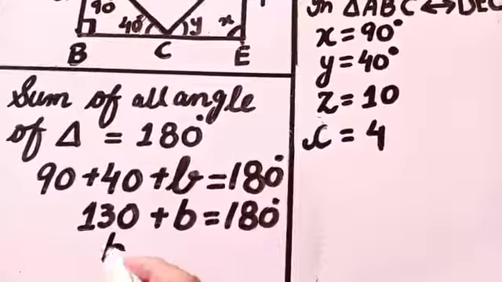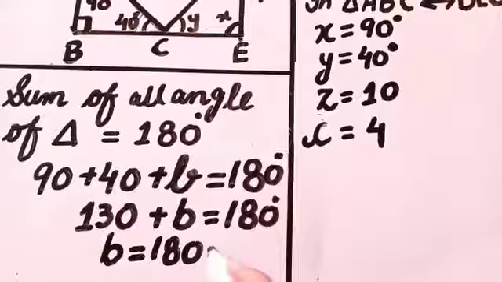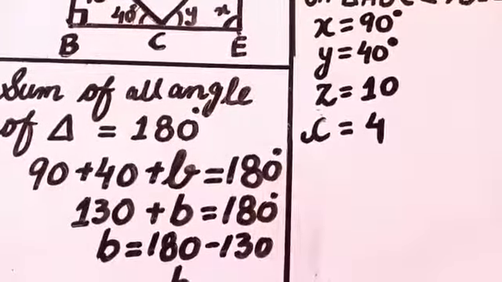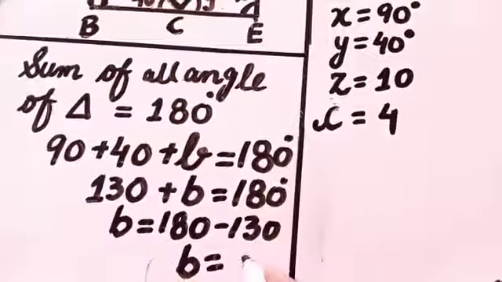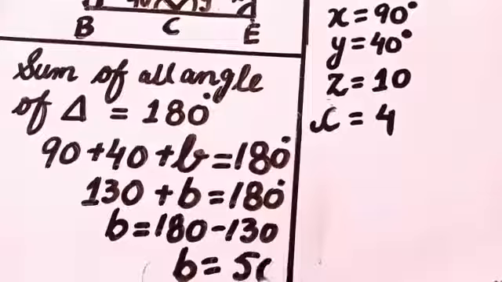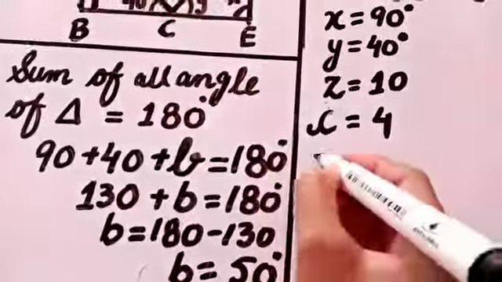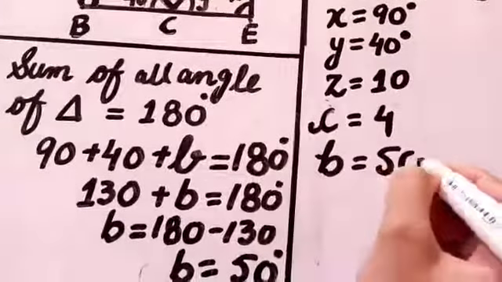So the value of b will become 180 minus 130. That is, b is equal to 180 minus 130, which is 50 degree. So the value of b is 50 degree. So I can write here b is equal to 50 degree.